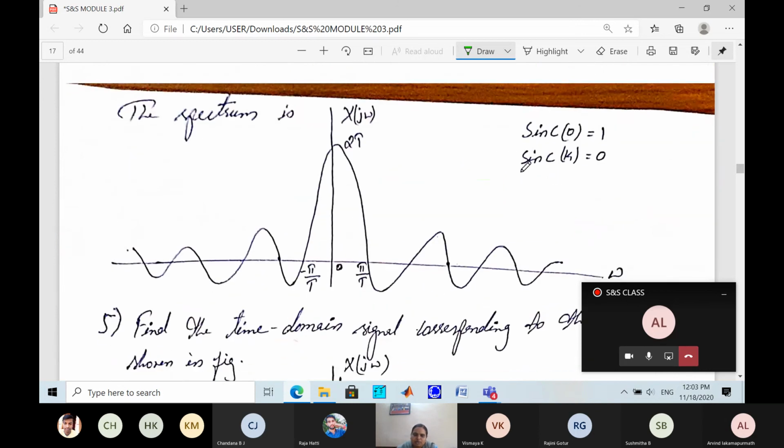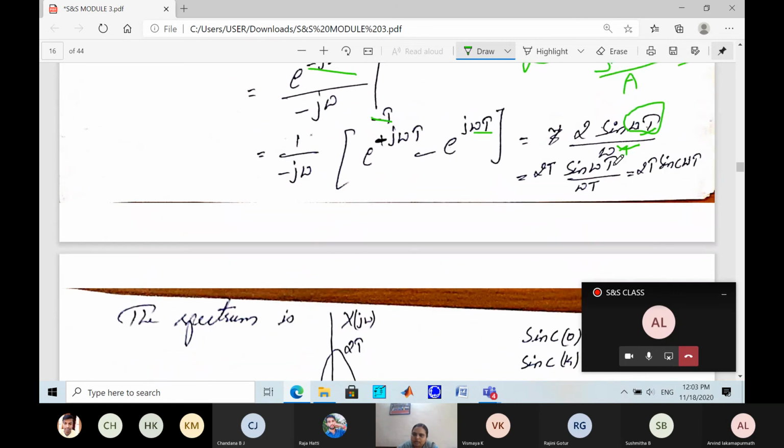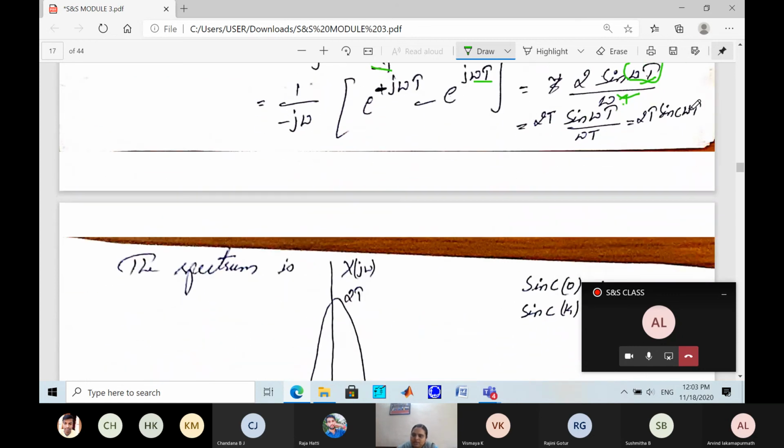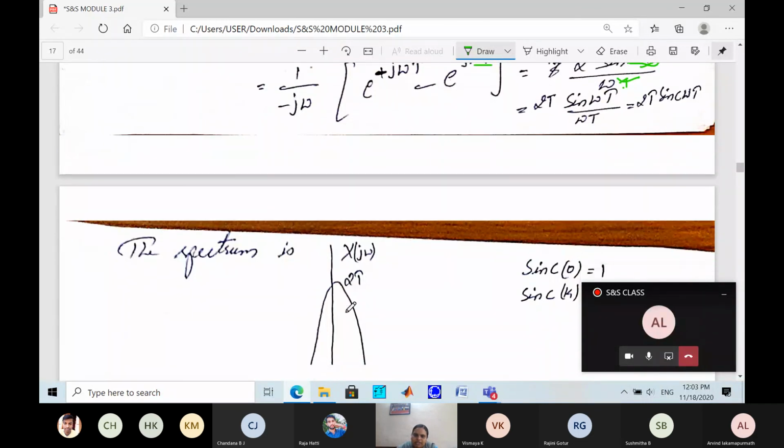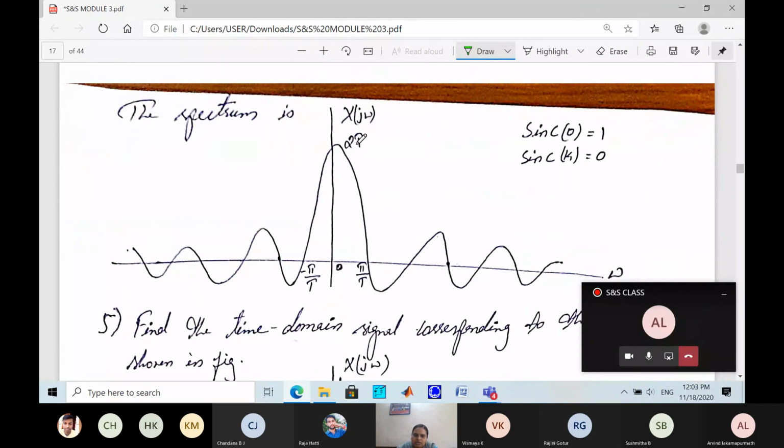Then the spectrum is going to be like this. The spectrum of X of j omega: sinc of 0 is 1. Remember this. Sinc at other constant values is going to be 0. So sinc of 0 is 1, and 1 into 2T means you'll be getting 2T at 0.